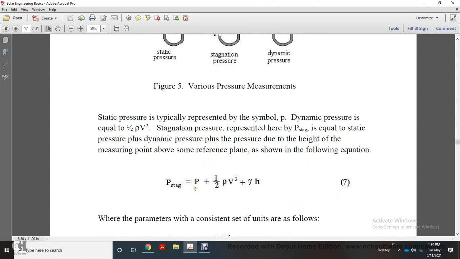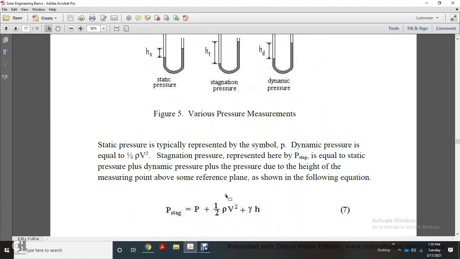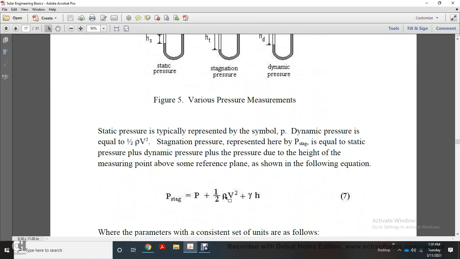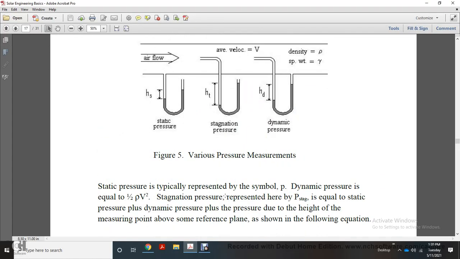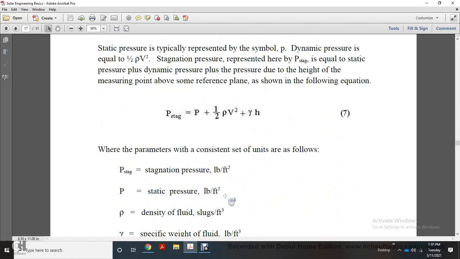P stagnation is equal to P plus 1/2 times the density times the average velocity squared plus the specific weight times h.